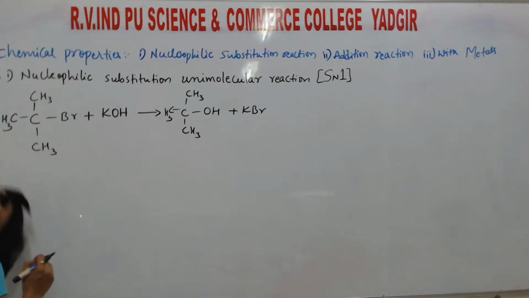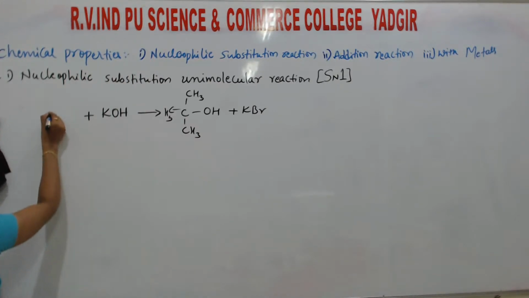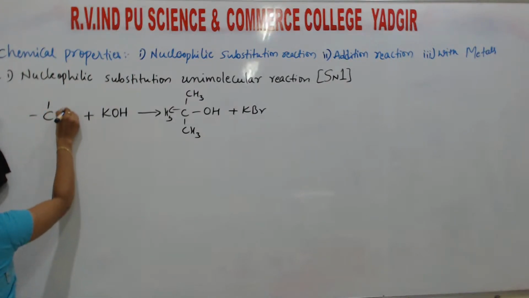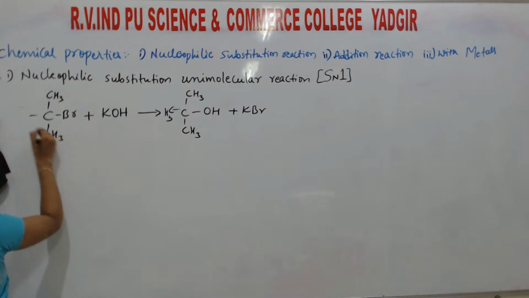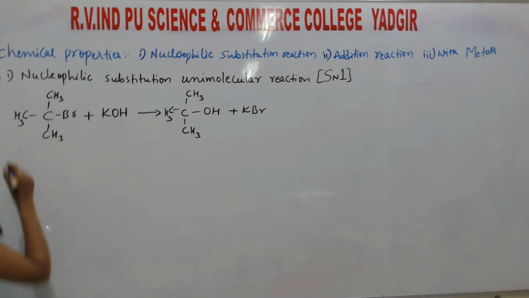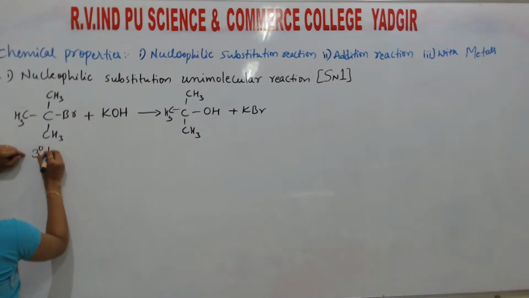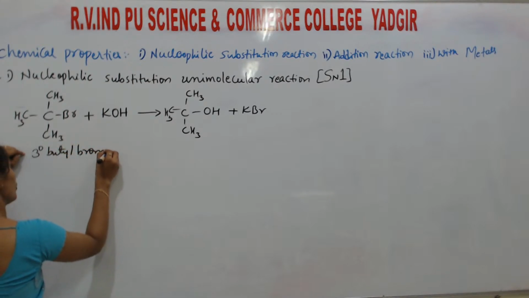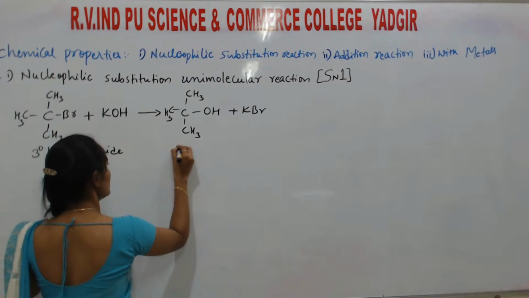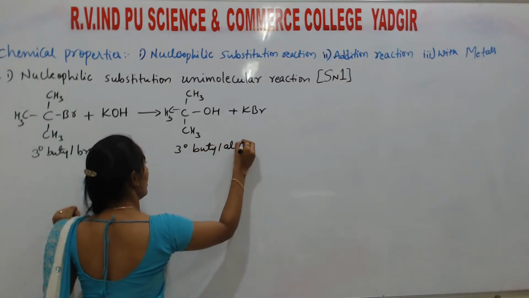But students, this reaction takes place in two steps. Here, tertiary butyl bromide, and this one is tertiary butyl alcohol.